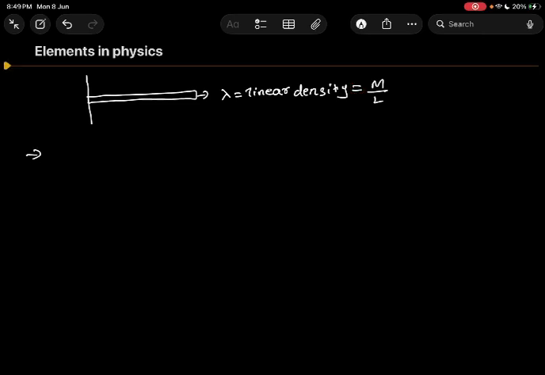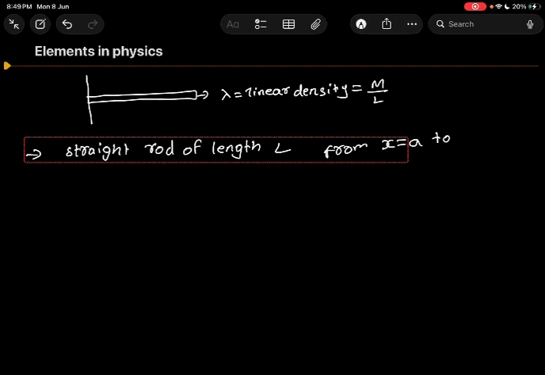Basically, in that question they mentioned that a straight rod, maybe I should fasten it up, a straight rod of length L from x equal to A to x equal to L plus A. Yeah, that's it.